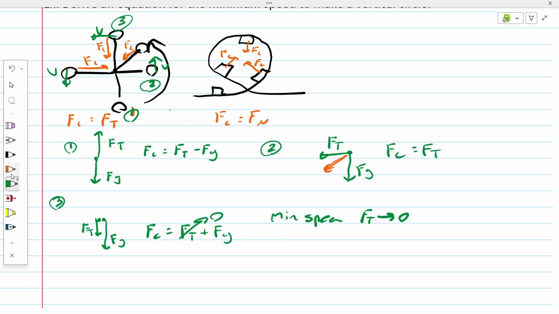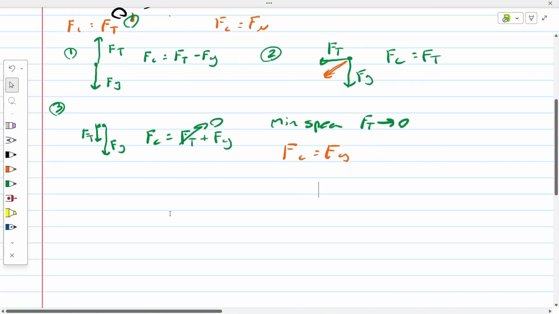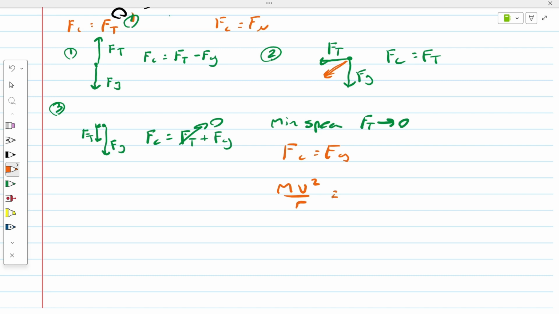So our centripetal force would end up just equaling the force due to gravity. And so now we can plug in the variables that we know here, which is the mass times velocity squared over r, and mg for gravity, and these masses cancel. And now we can solve for our speed, which we see equals the square root of rg.